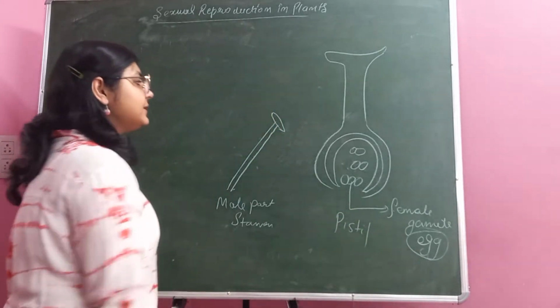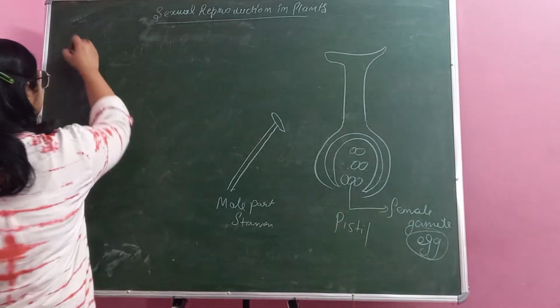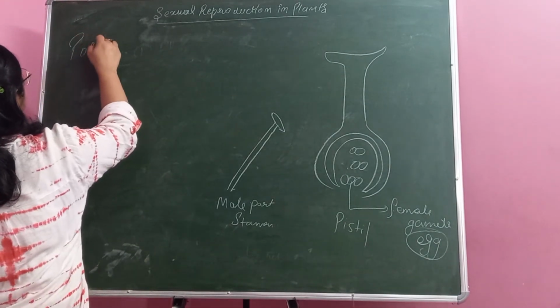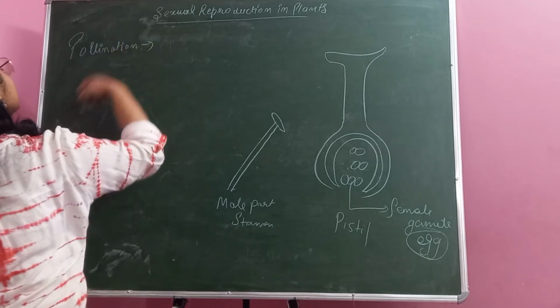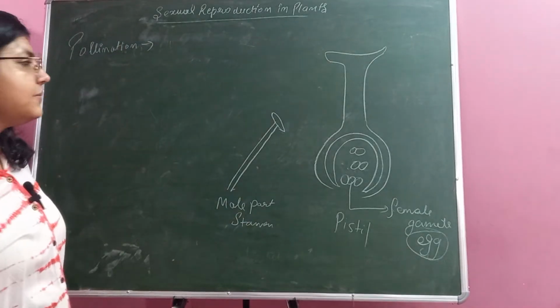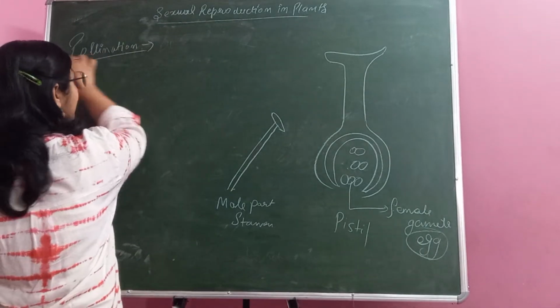Now see what happens. There is a term called pollination. You have been studying this pollination since class 8th, if I am not wrong. So this pollination is what?